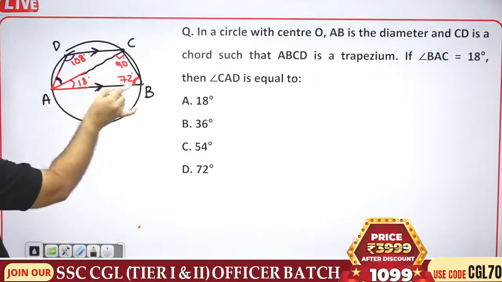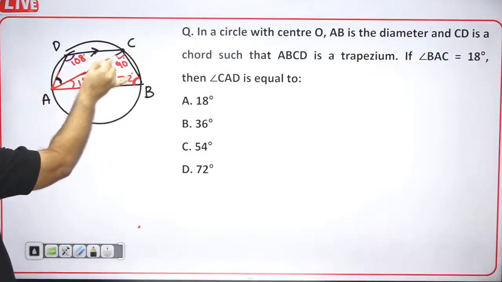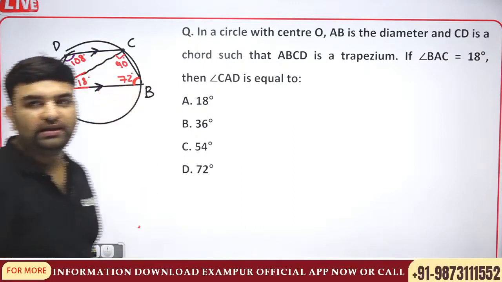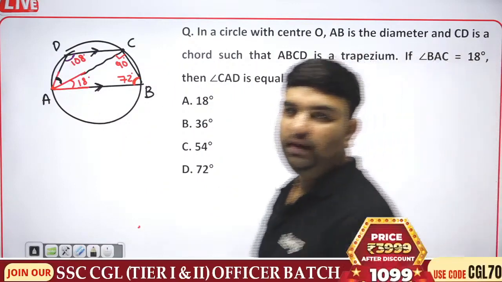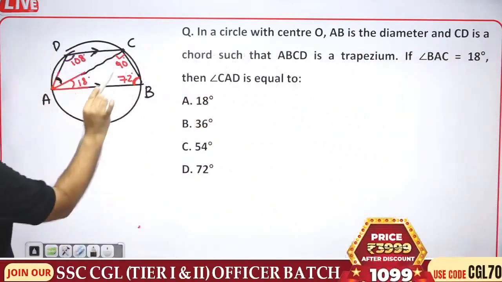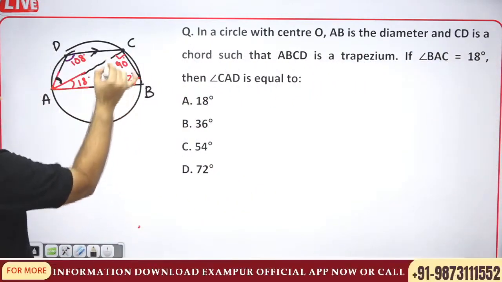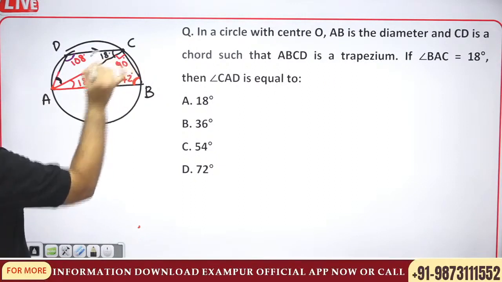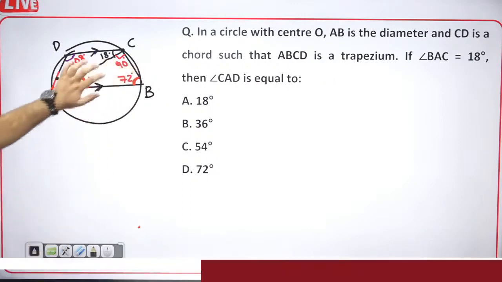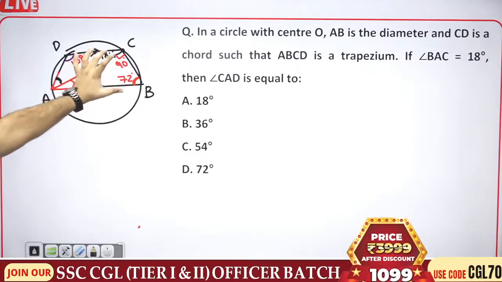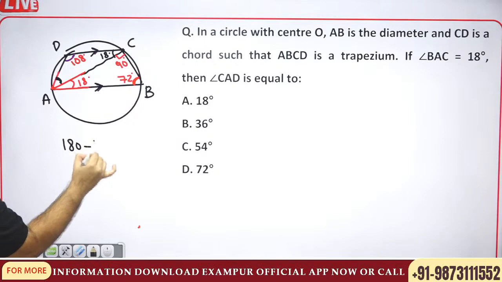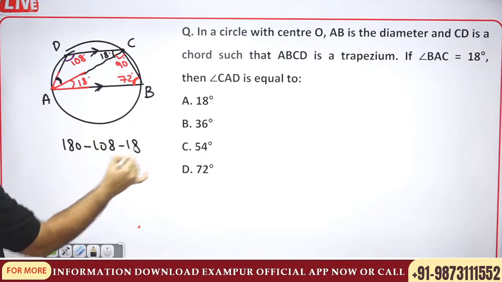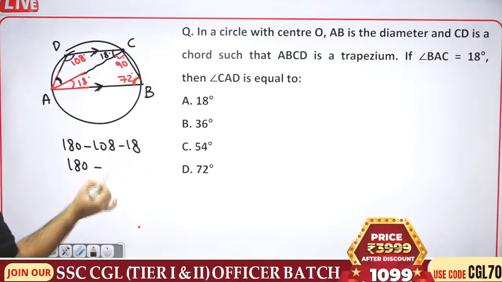For a trapezium, adjacent angles should sum to 180. 90 plus 72 is 162, 18. 108 plus 72 is 180. So the remaining angle is 180 minus 108 minus 18. Wow, what a great question.